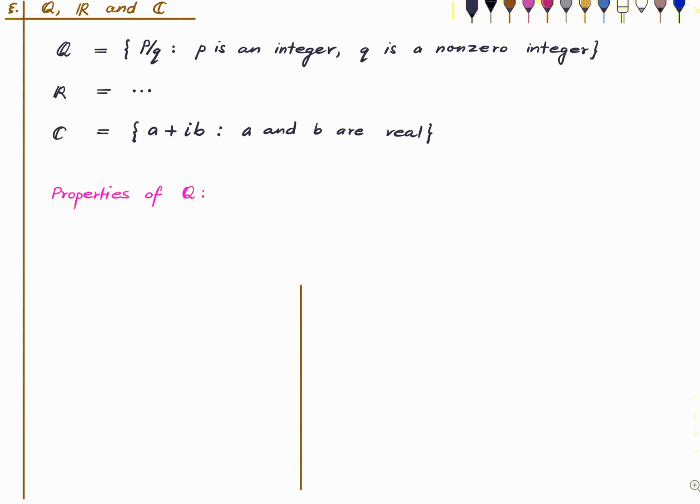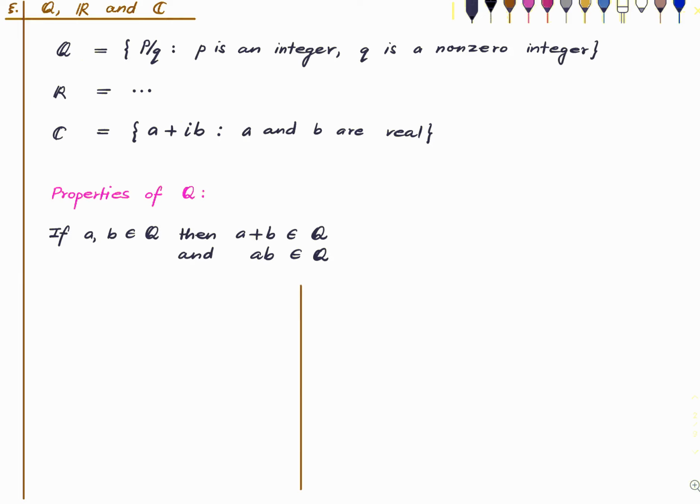So first of all, let me write a simple trivial thing: if we have two rational numbers a and b, then if you add them, you again get a rational number, and if you multiply them, you again get a rational number. So this is clear by definition of addition and multiplication of rationals.